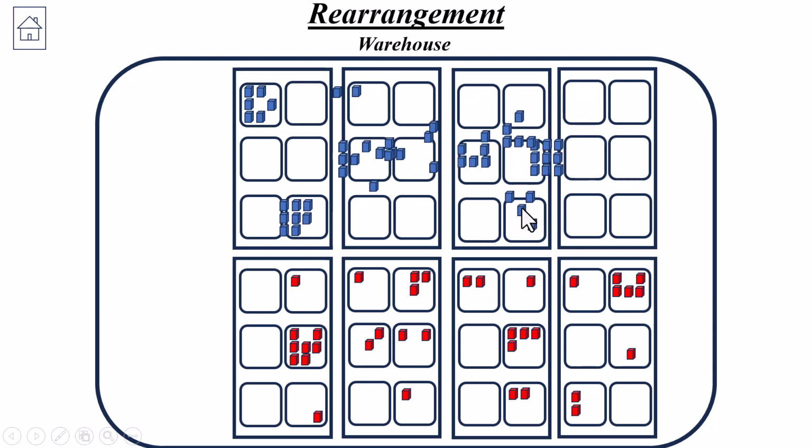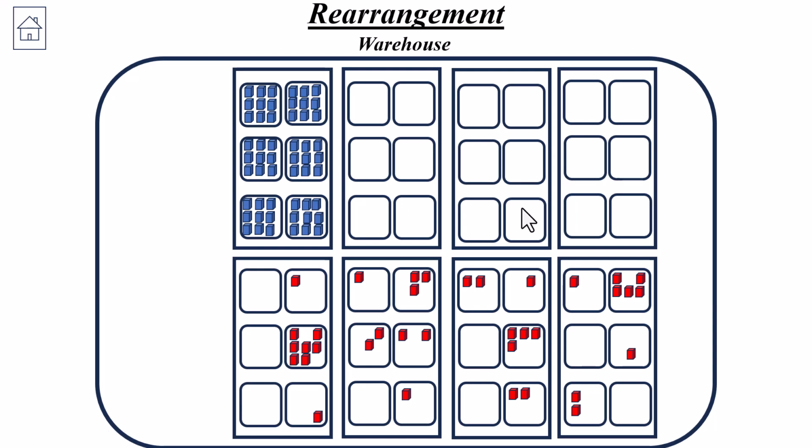This is what we call rearrangement. For this kind of rearrangement, there are some strategies and some conditions, and based on those, the system is going to propose where you have to place the product. From different warehouse bins, they are all grouped together into one section, or into some bins based on priority. That is what we call rearrangement.